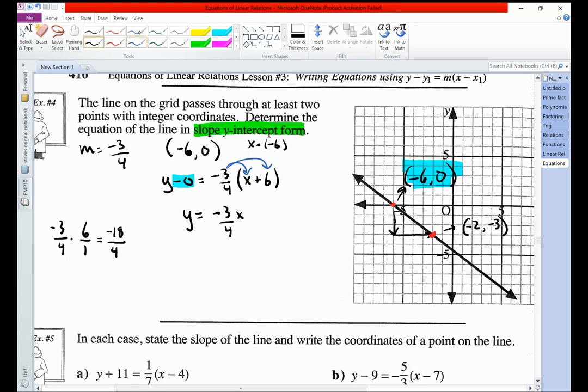We can reduce this, divide both top and bottom by 2, and we get negative 9 over 2. So I can write that as minus 9 over 2. And that is my line in slope-intercept form. So this is point slope form, this is slope-intercept form.